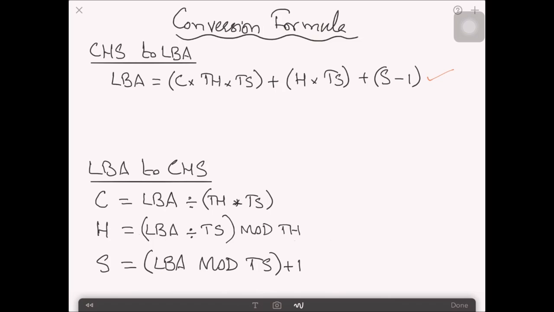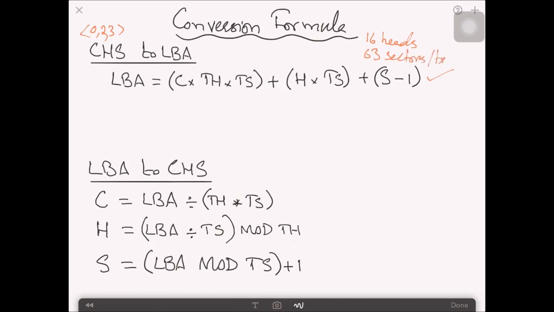Let us take an example of 0-2-3, cylinder 0, head 2, sector 3. Let's see to what LBA value this is mapped. Let's suppose that we are talking about a disk with 16 heads and 63 sectors per track.